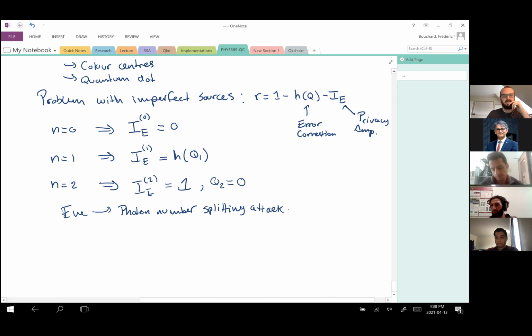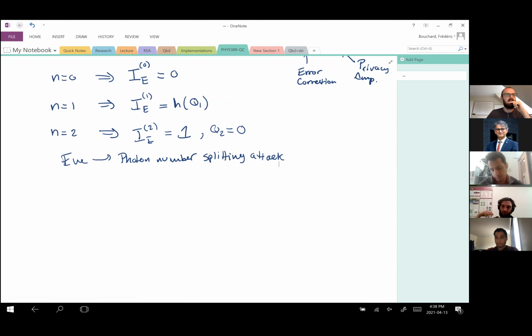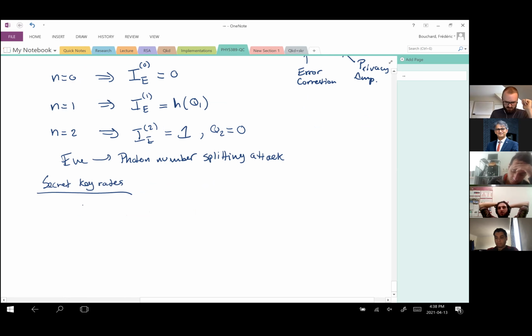So now let's look at how the secret key rates look for different sources. The first one is a true single photon source. This we already sort of saw.